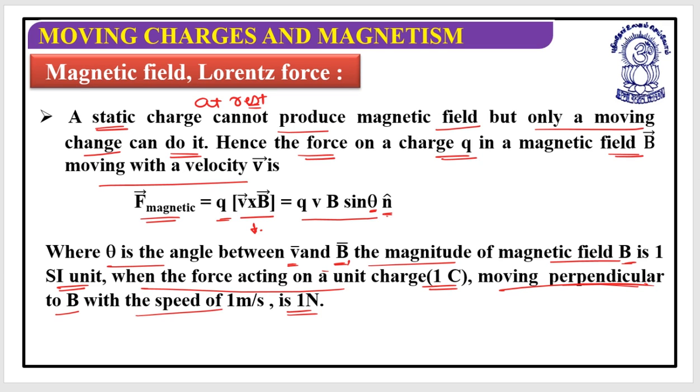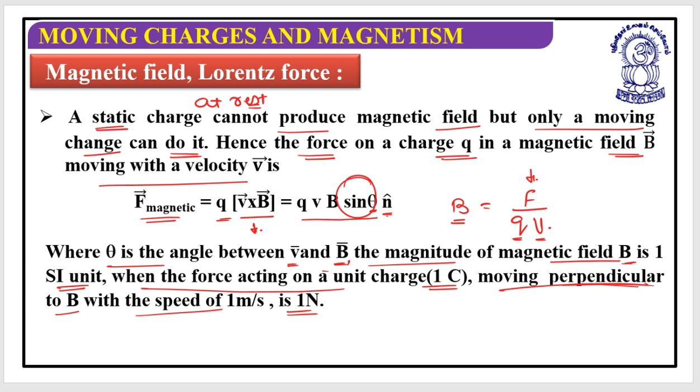If I want to know what the magnetic field is, it can be written as F divided by Q into V. So B is of 1 unit when the force acting on a unit charge, meaning Q equals 1, is 1 Newton when it is moving with a speed of 1 meter per second perpendicularly.